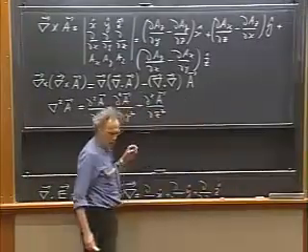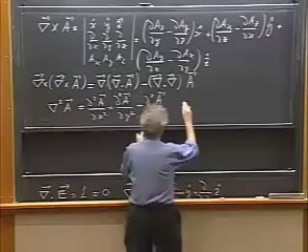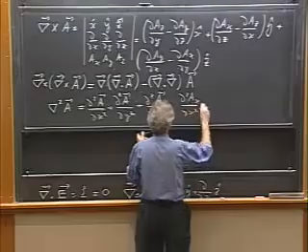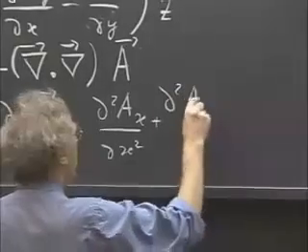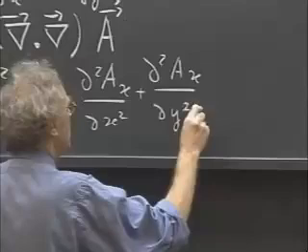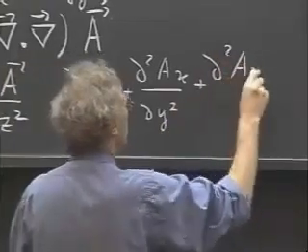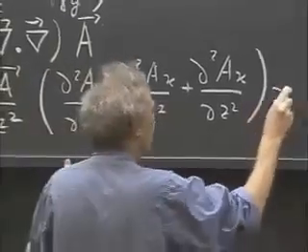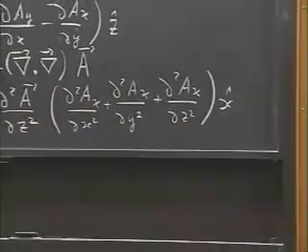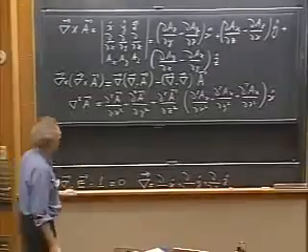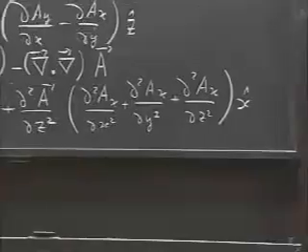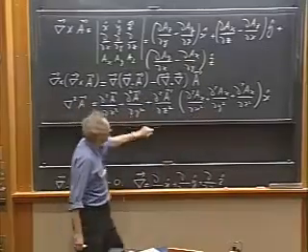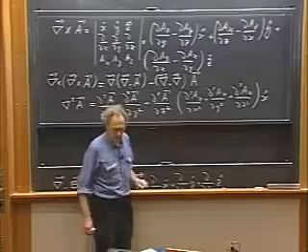So I will only do the component in the x direction, which then becomes d2Ax/dx squared plus d2Ax/dy squared plus d2Ax/dz squared, and that is the component in the x direction. And there's also one in the y direction, and one in the z direction. This first term comes from this one, the second term comes from this one, and the third term comes from this one.